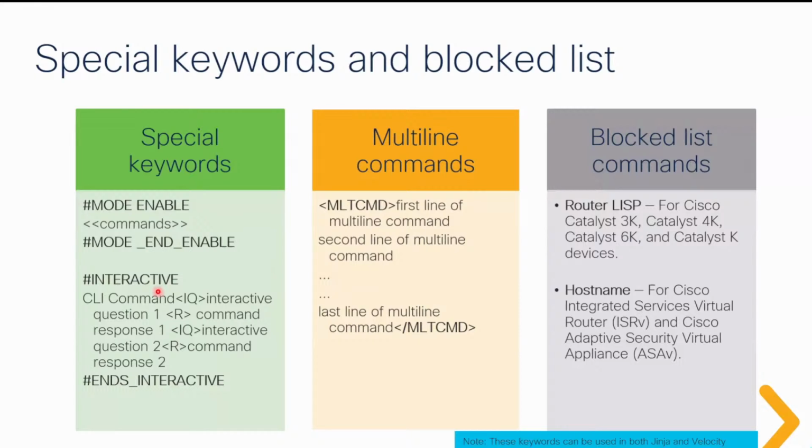The #INTERACTIVE keyword allows you to handle, say, generating a crypto key, where it asks you to confirm whether you actually want to generate this key. Those are commands where it asks you to confirm yes or no. This is where you start your interactive sequence.